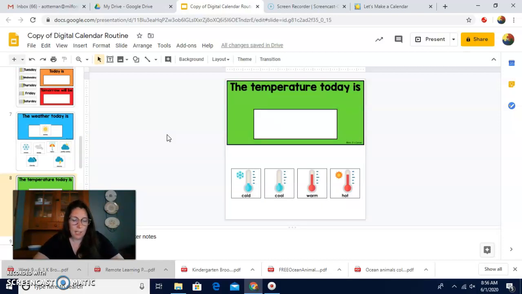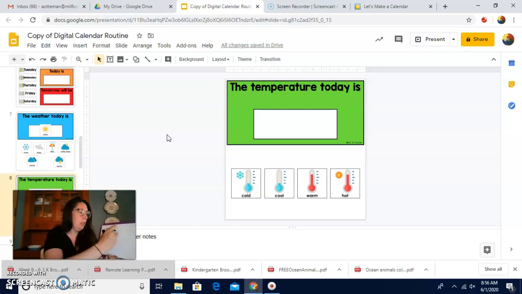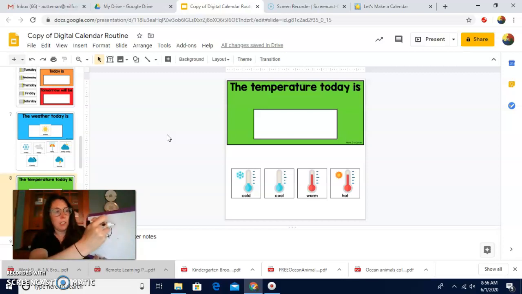All right. Let's do the temperature. The temperature today. Right now, oh, it's a little chillier. Right now, the temperature is 52. Remember that degrees sign? Looks like this, degrees. 52 degrees.